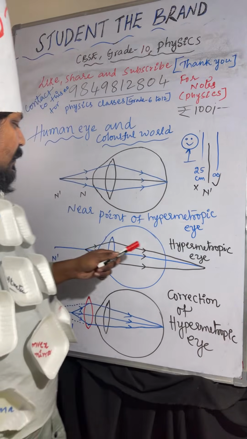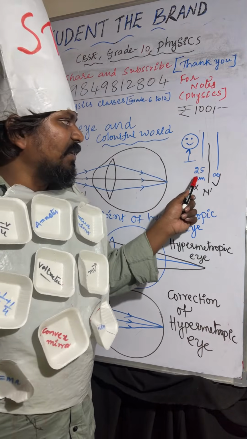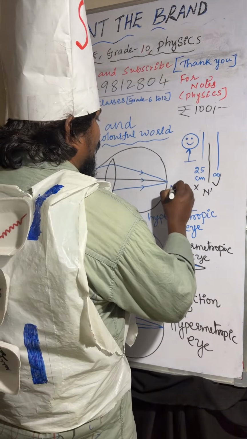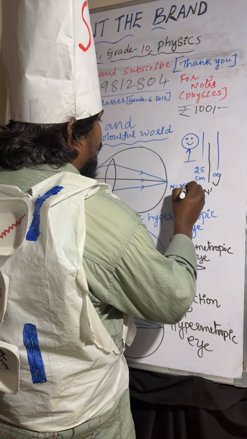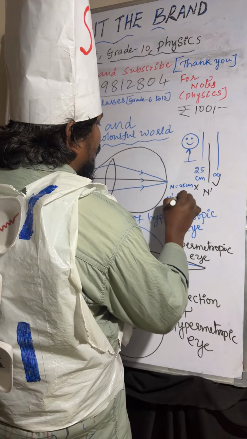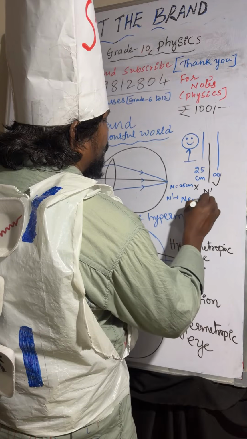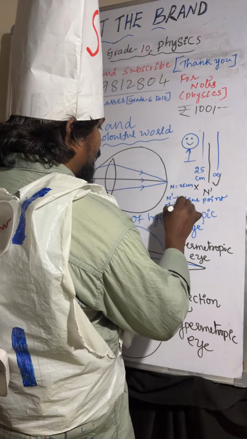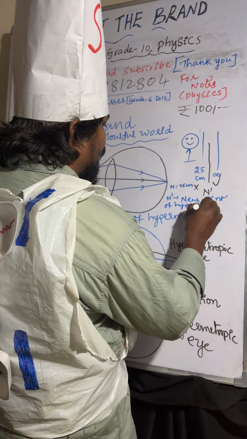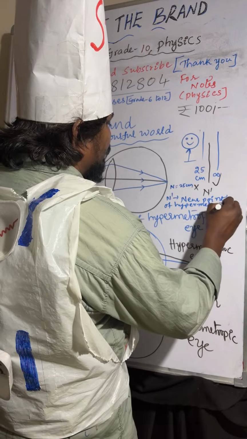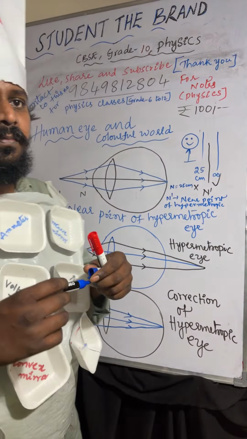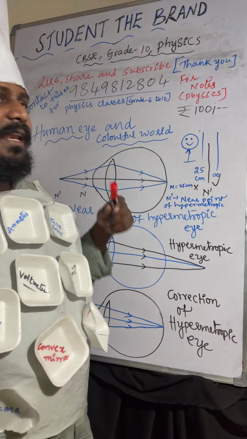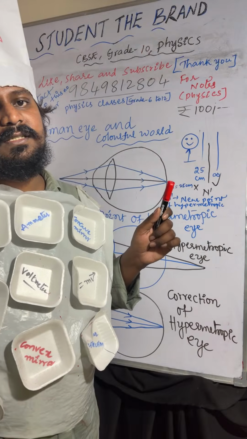Here, if the light rays are coming from 25 centimeter, the near point is 25 centimeter, and N dash is the near point of the hypermetropic eye. Hypermetropic eye means those who have hypermetropia. This point is the near point for that person.